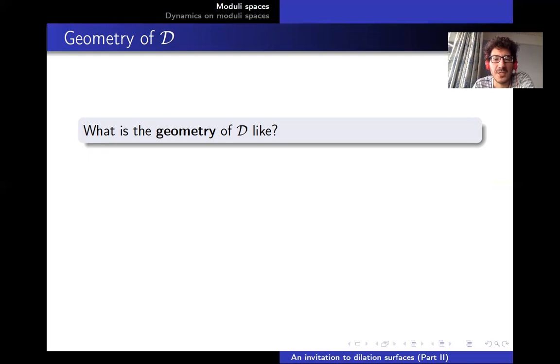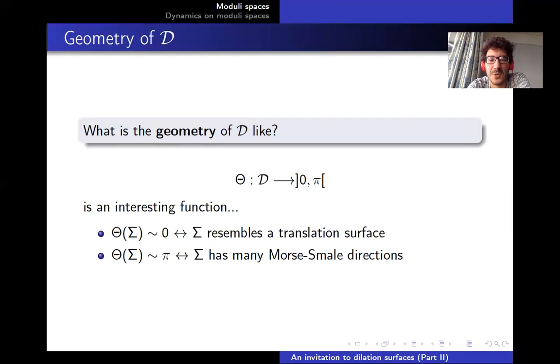So now I'm just going to tell you of a way to think of the geometry of D. When I say geometry, maybe I mean topology. It's not clear yet, but basically we have this function that we defined, theta, which to a dilation surface associates the largest angle of an embedded cylinder. Now that we've restricted ourselves to triangulable surfaces, this function takes values in the open interval (0, pi), and somehow it tells us something about the geometry of our surface.